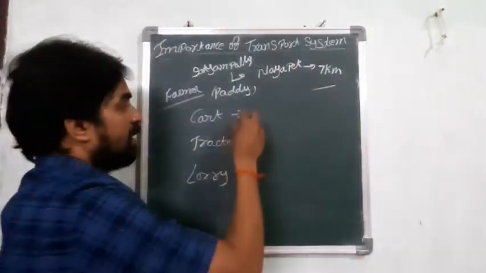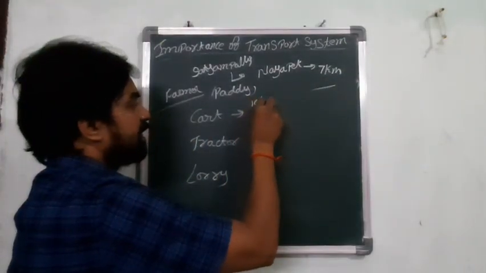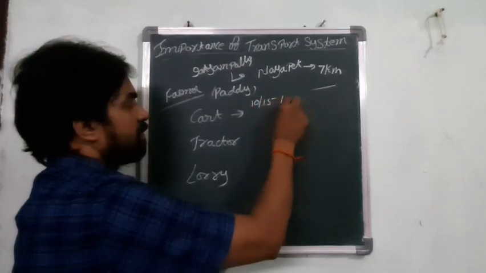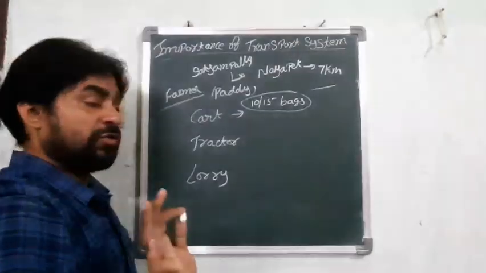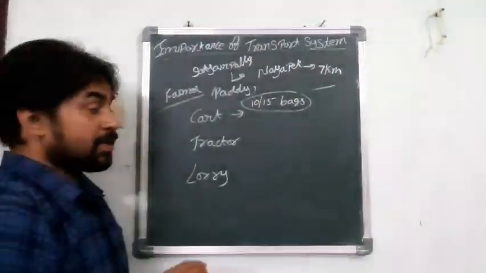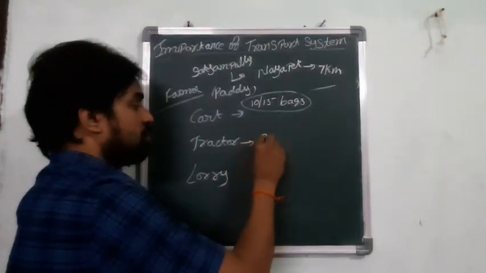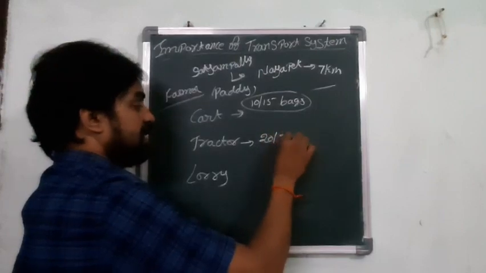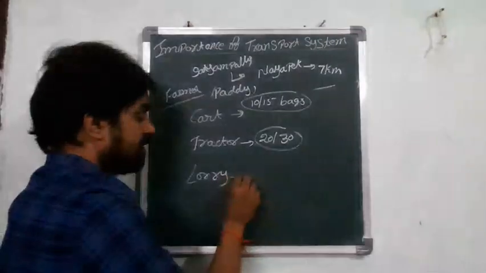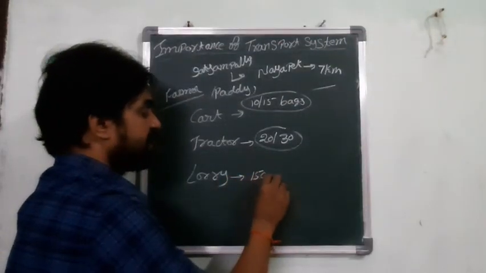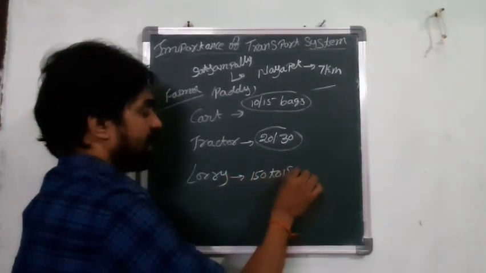The capacity of the cart is 10 to 15 bags. So the bullock cart will take 10 to 15 bags only. The tractor will take 20 to 30 bags. The lorry will take 150 to 180 bags.